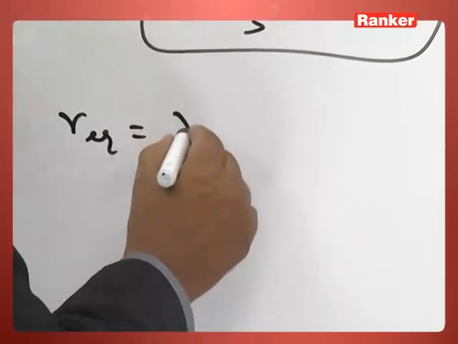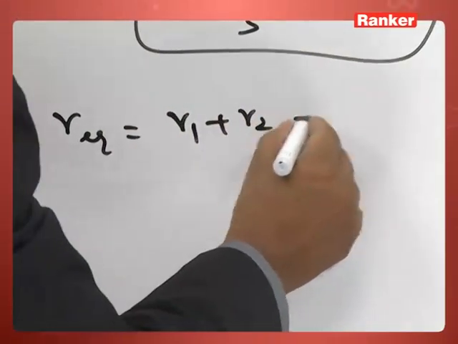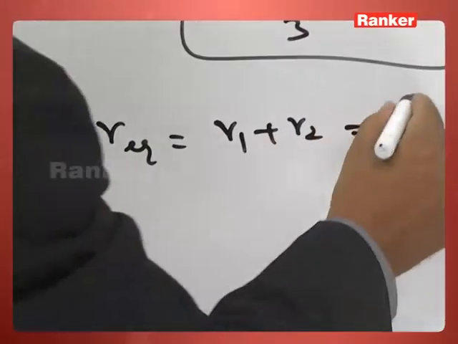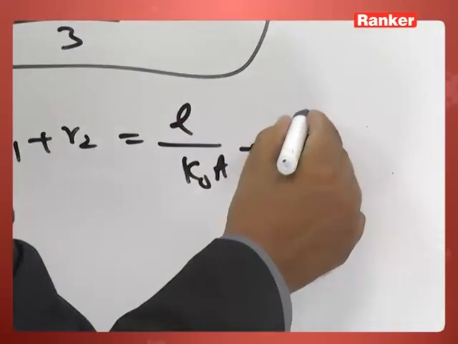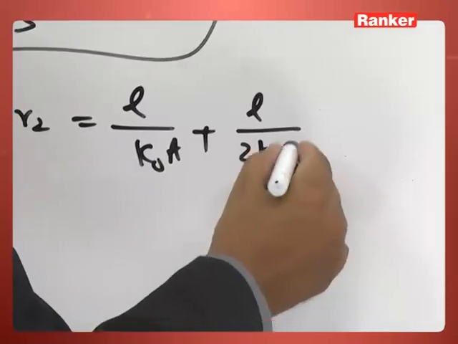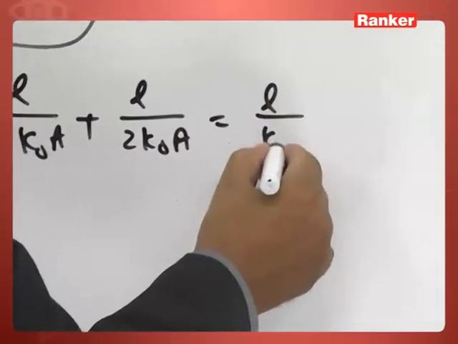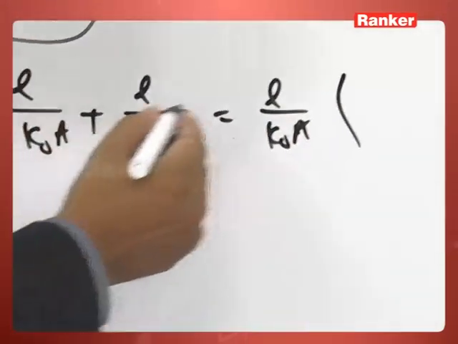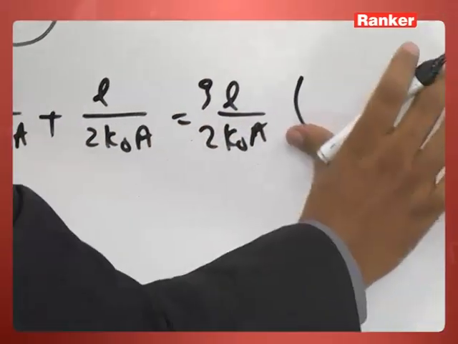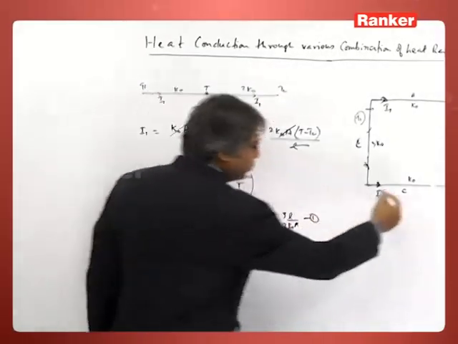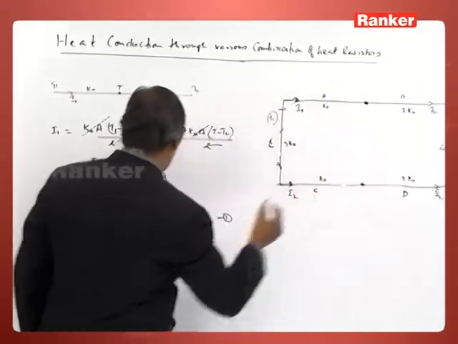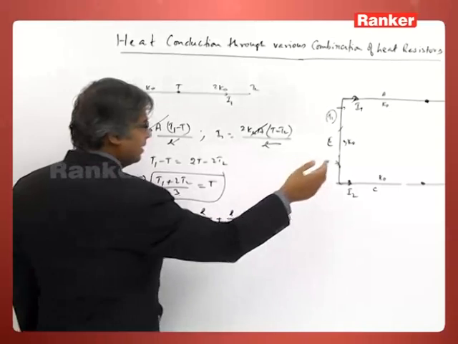In series R equivalent is R1 plus R2, that is L by K naught A plus L by 2 K naught A. So, L by K naught A common, 1 plus 1 by 2 is 3 by 2, just write 3 by 2. For this route again the same situation, so again R equivalent will be the same.